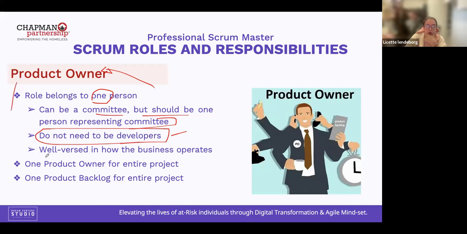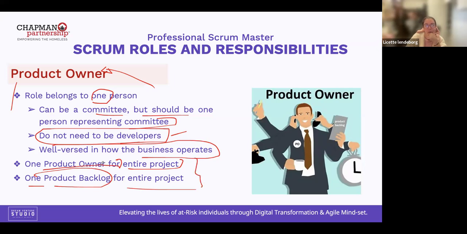However, the product owner needs to understand very well the business operations and also the business strategies in order to articulate the user stories and create the product backlog. So it's one product owner for one project and one product backlog for the entire project.